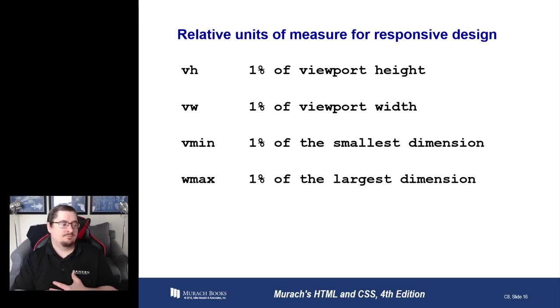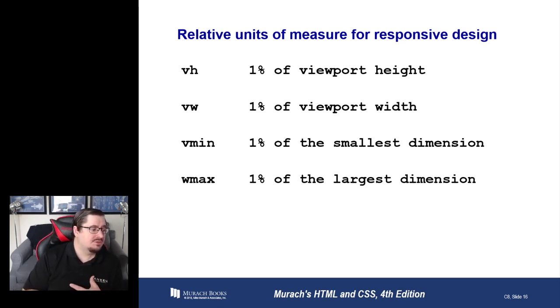All right. Other units that you can use to size your layout for responsive purposes. You can use VH units, which again, 1 VH is 1% of the viewport height. You can use VW units, which are 1% of viewport width. Vmin is 1% of whichever is the smallest dimension.